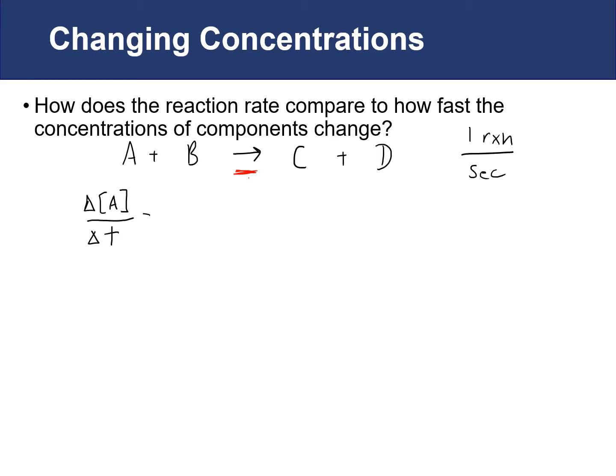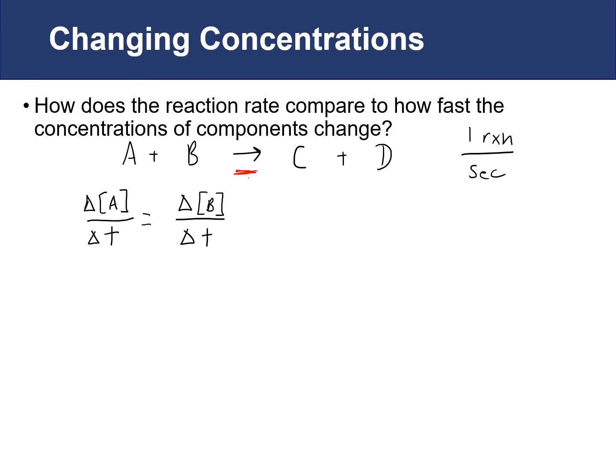Each time the reaction occurs, 1 A goes away and 1 B goes away. So our change in concentration of A is going to equal our change in concentration of B per unit time. Now, because our reaction here is going at 1 reaction per second, A is going away at 1 mole or 1 molecule per second.